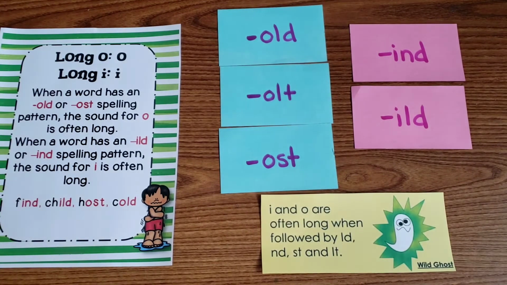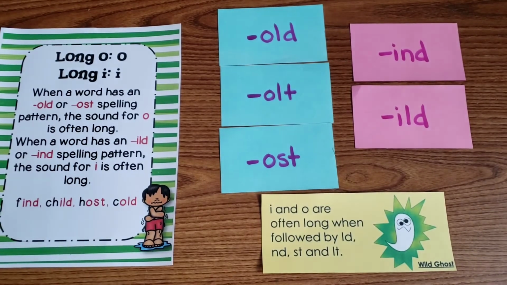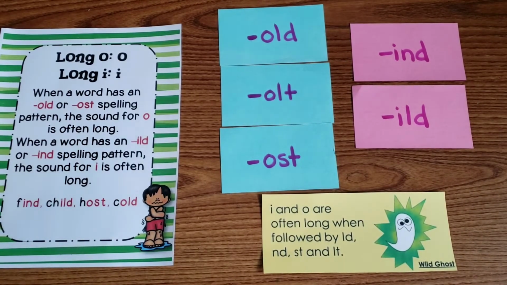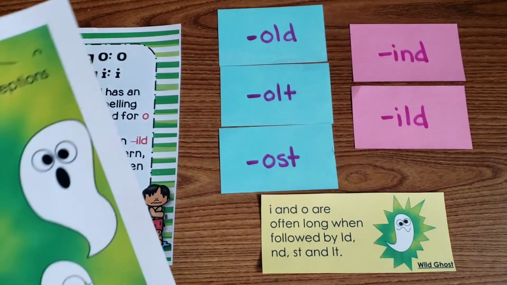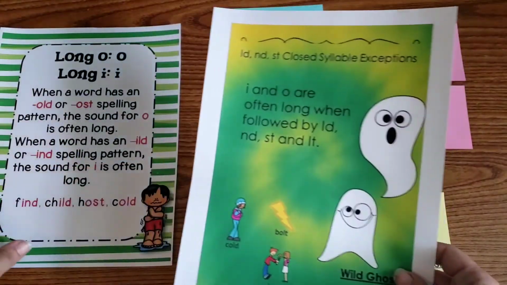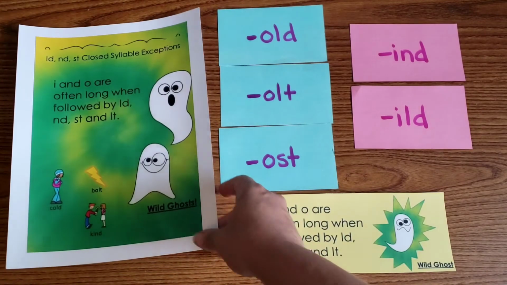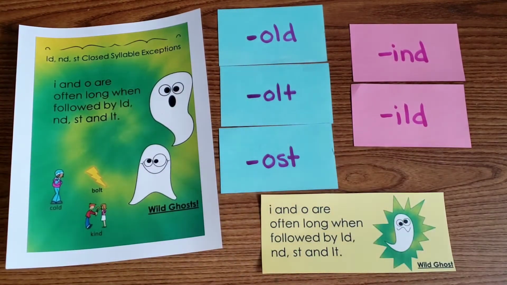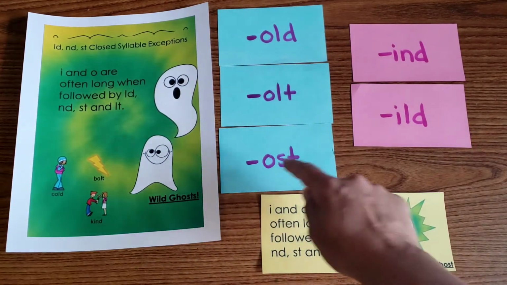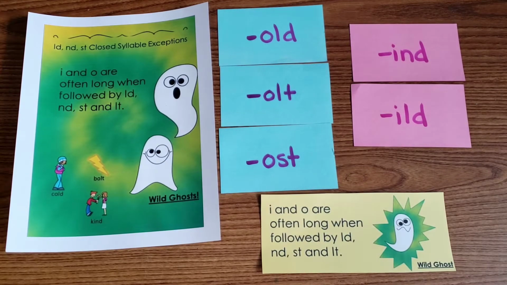Okay, so those are our closed syllable exceptions. And I like to remember them by thinking of the wild ghosts. So the word wild right there is an ILD, right? And ghost, that's an OST, wild ghosts.